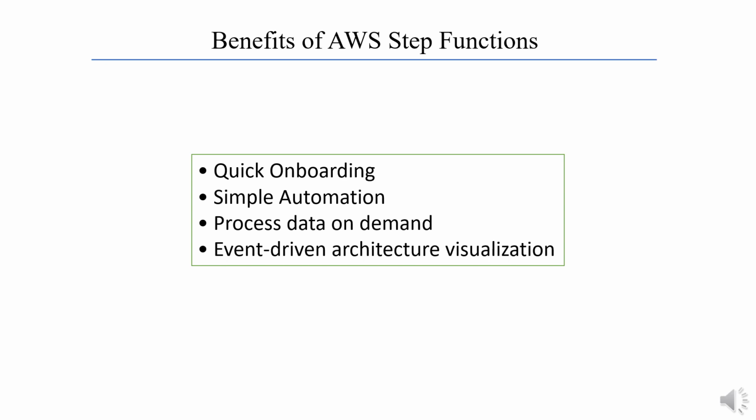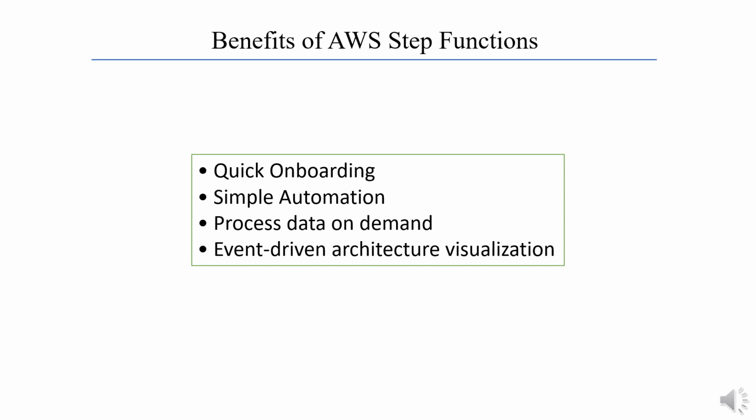Let's talk about benefits of AWS Step Functions. AWS Step Functions offers the following benefits for your organization: quick onboarding, simple automation, process data on demand, and event-driven architecture visualization. Let's elaborate each of these benefits of AWS Step Functions.